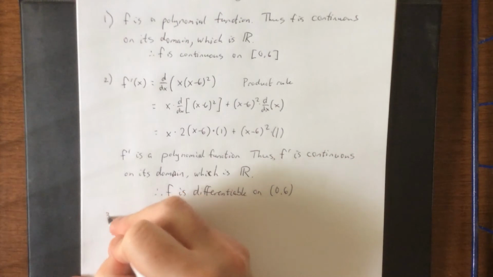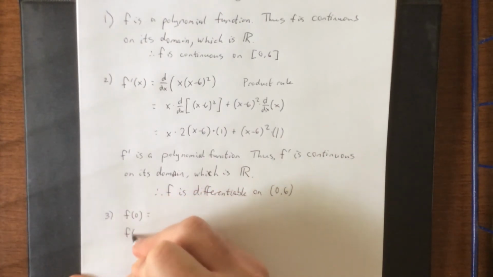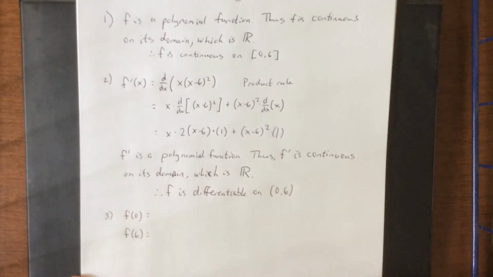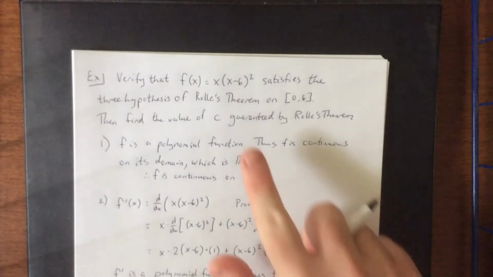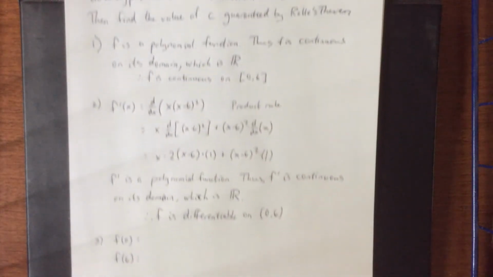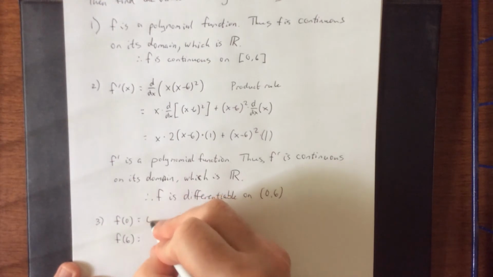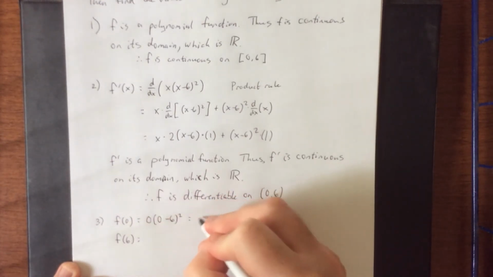And finally, we need to verify that f of 0 is equal to f of 6. That is the third hypothesis of Rolle's theorem. Now, we are going back to the original function back up here to plug these values in. So plugging in x equals 0 is going to be 0 times (0 minus 6) squared.